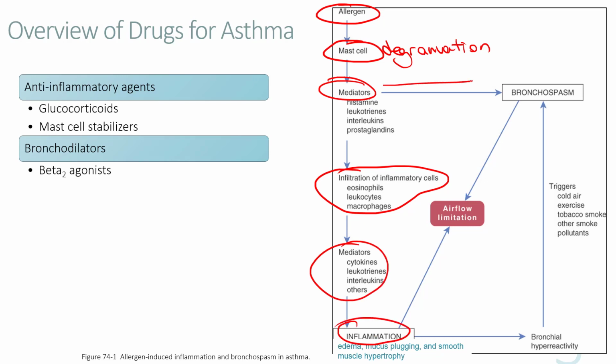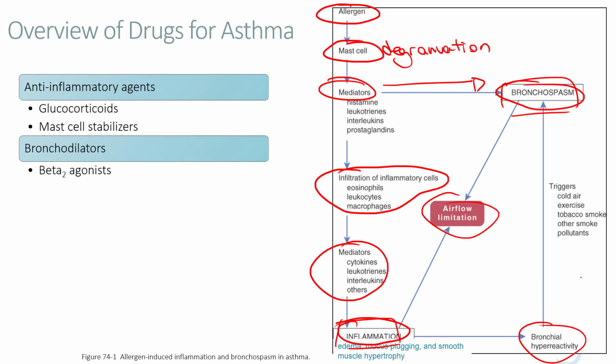At the same time, the mediators are also responsible for causing bronchospasm. And it's the combination of the bronchioles constricting and the inflammation within the bronchioles that cause less air to flow into the bronchioles, into the alveoli. And the inflammatory response also causes what's considered bronchial hypersensitivity or hyperreactivity.